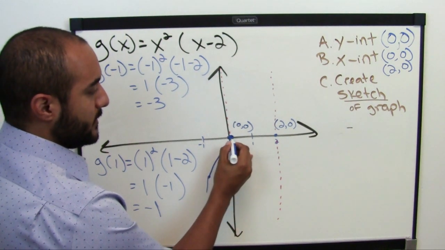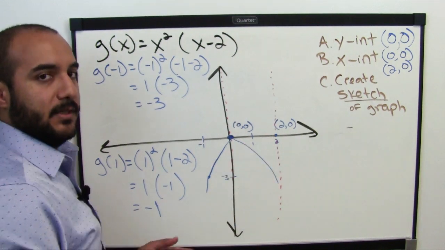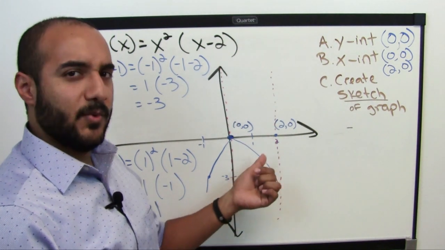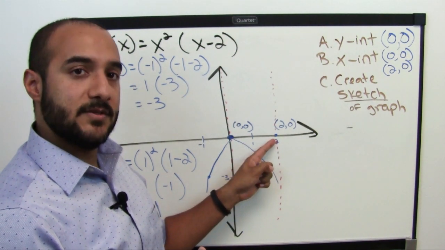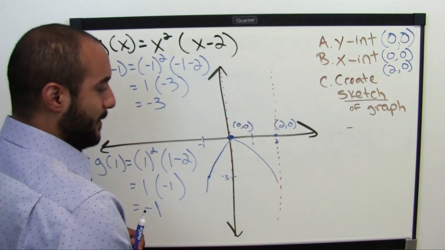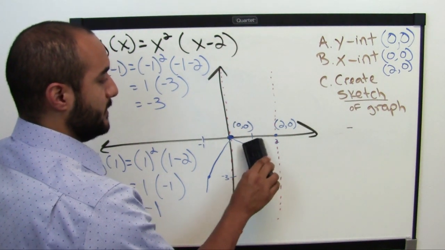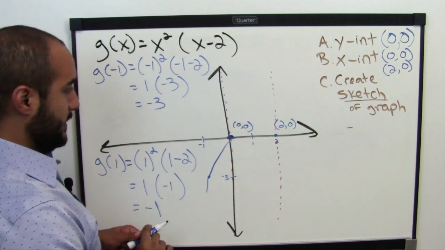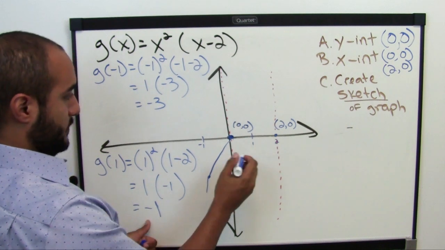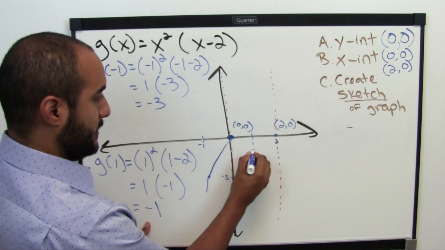But notice that if I just go like this, what's going to happen here? Aren't I supposed to come towards this x-intercept? So the only way that can happen, and remember, it's just a sketch, is if, let me graph this one first. Negative 1 would be right around here.